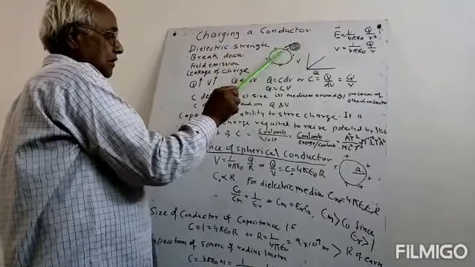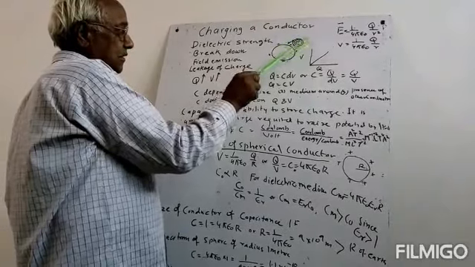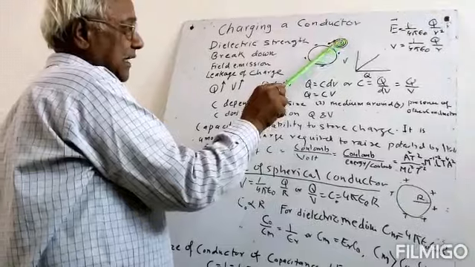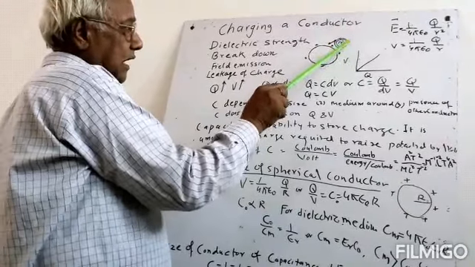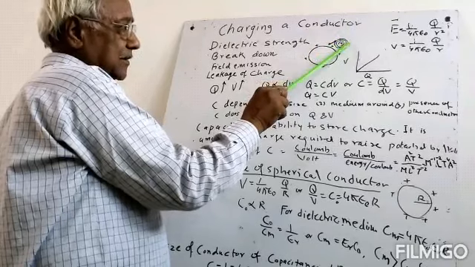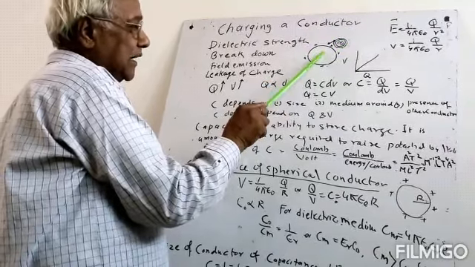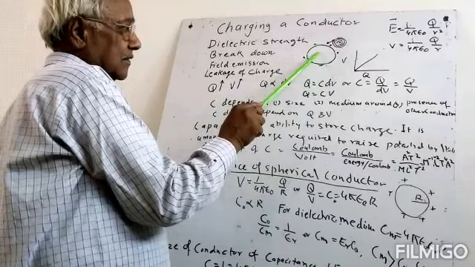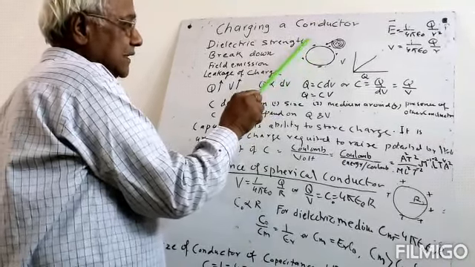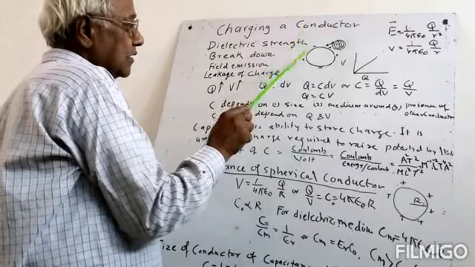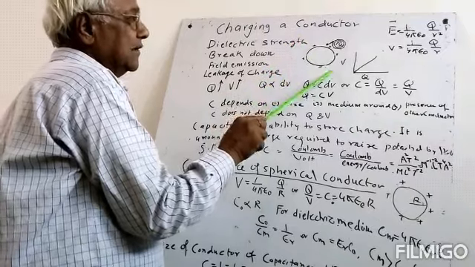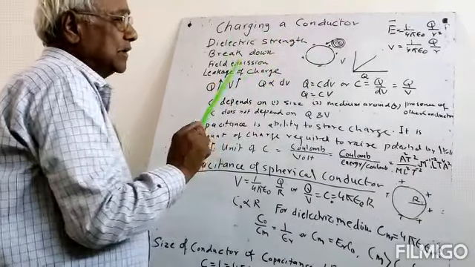Now, this is the air atom, and positive charge and electrons are circulating outside, and this electron is the outermost electron of this atom. Now, when the electrical field is high, and electrical field is such that E is equal to 3 into 10 to the power 6 volt per meter for the air, then what will happen?